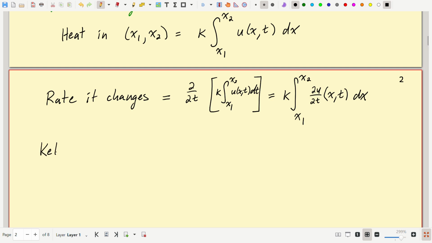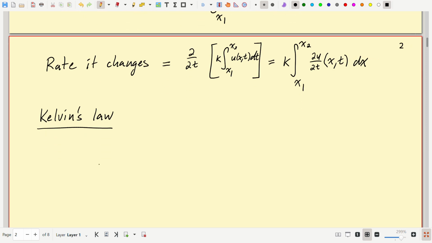Now I'm going to tell you what Kelvin's law is. Kelvin's law is that the heat flow is proportional to the temperature gradient. So let's say it's cold on this side. This is the cold side, and this is the hot side.